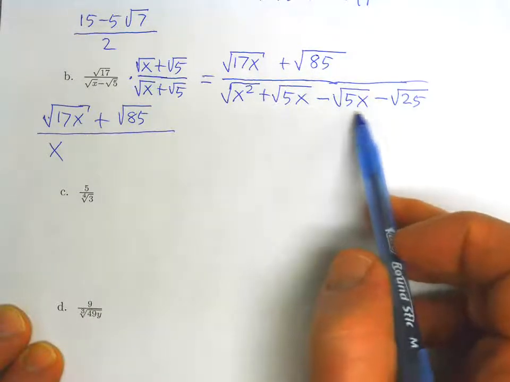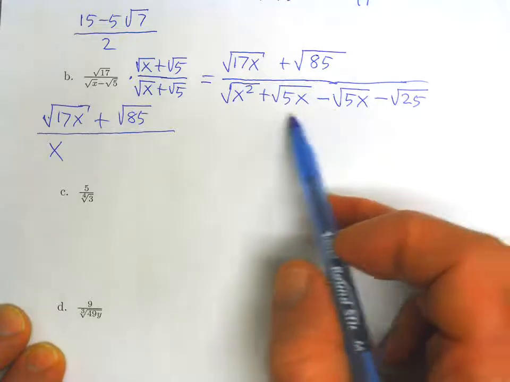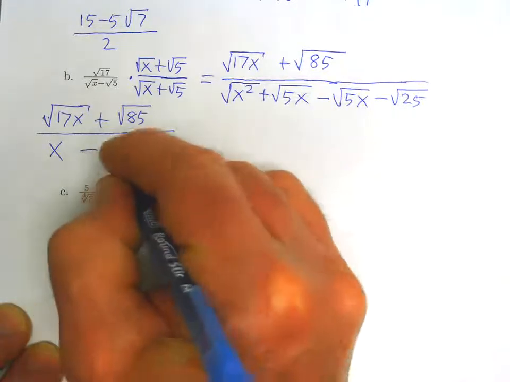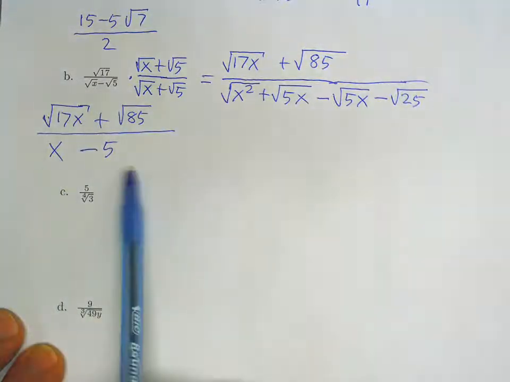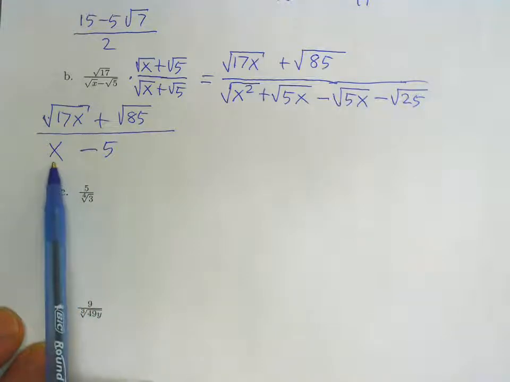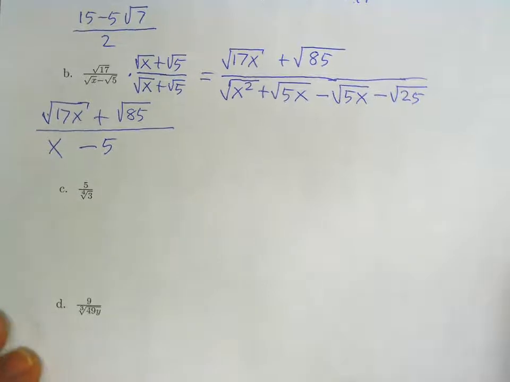The two middle terms cancel each other out. Those add up to 0. And then minus the square root of 25 is just minus 5. Okay, so we can't simplify any further than that, but we no longer have square roots in the denominator. That was the primary goal there.